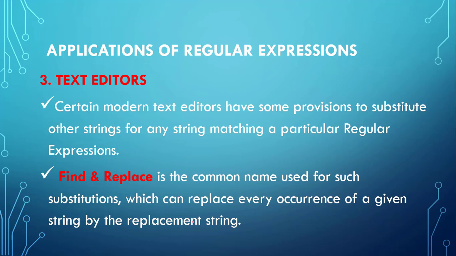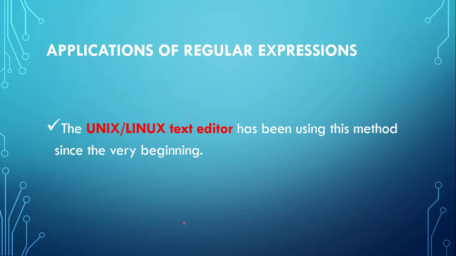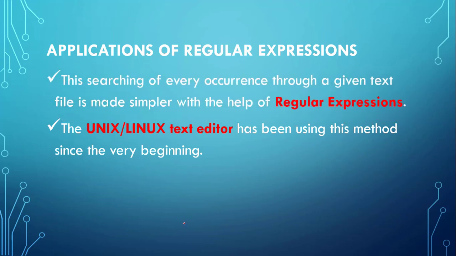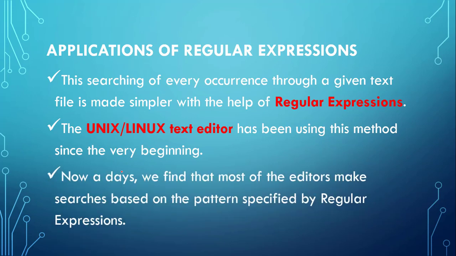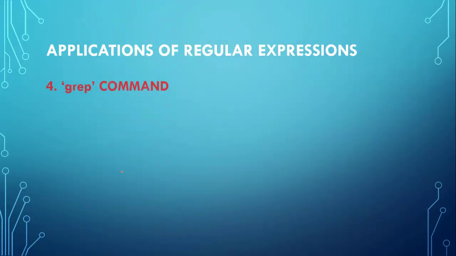It will either replace all the occurrences or replace the specified occurrences of the said find string. This searching of every occurrence through a given text file is made simpler with the help of regular expressions. The Linux and Unix text editors have been using this method since the very beginning. Nowadays, most of the editors make searches based on the pattern specified by regular expression.